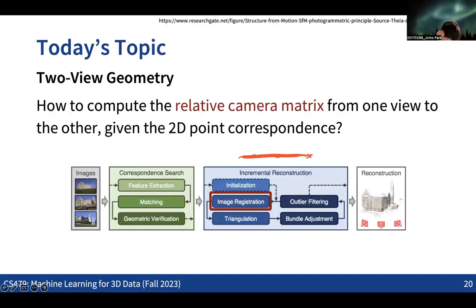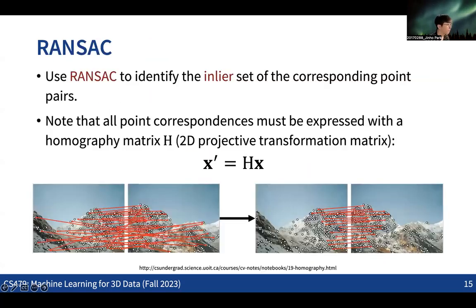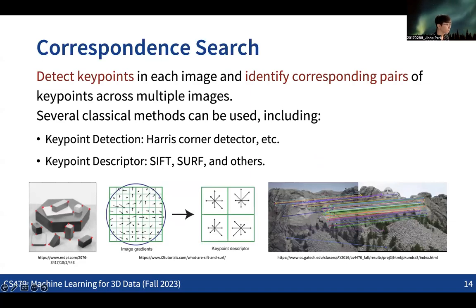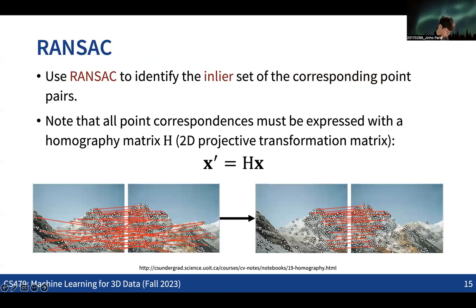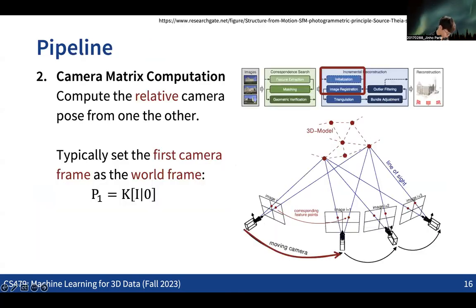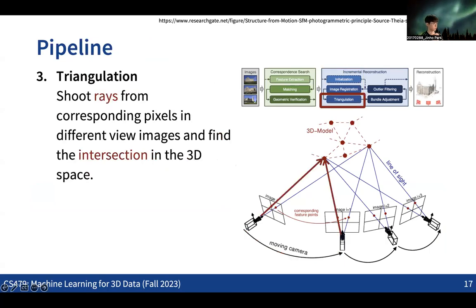But what we are going to briefly discuss today is these parts. As you can see, there are 4 steps. We find correspondences of the key points. Once we find the correspondences of the key points, from this we should be able to compute the relative camera poses, so we are going to discuss how we can do this. Once you have the camera images, it's quite straightforward to shoot the rays into the 3D space and find the intersection.